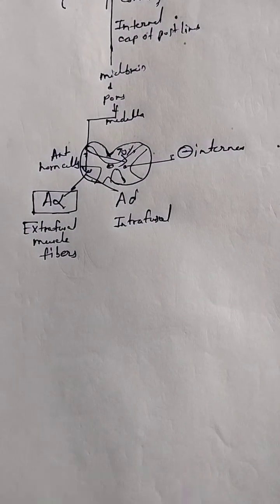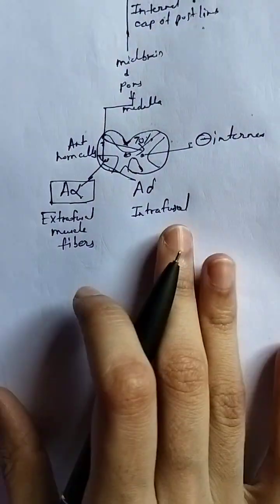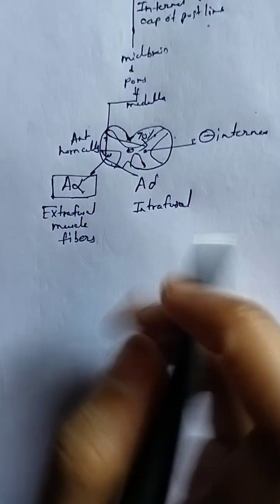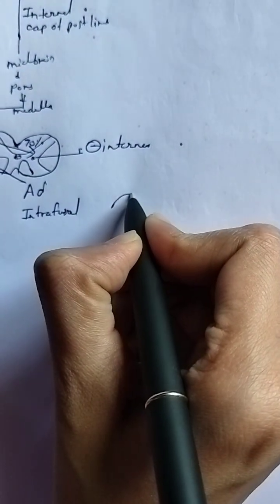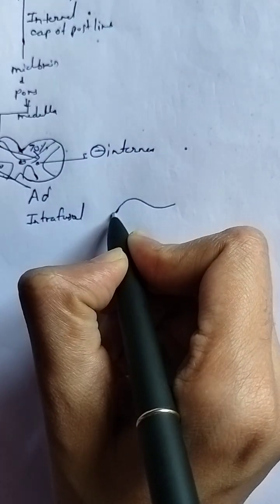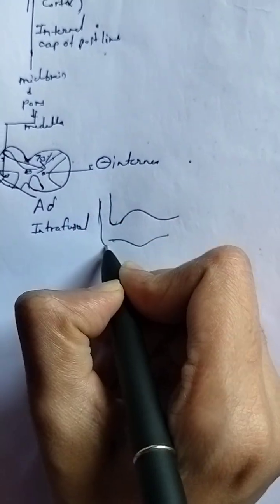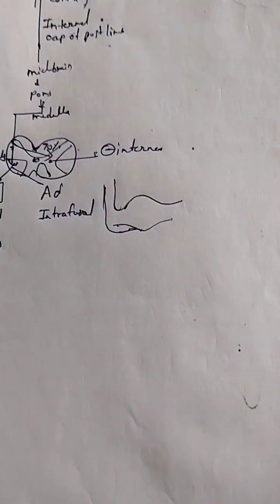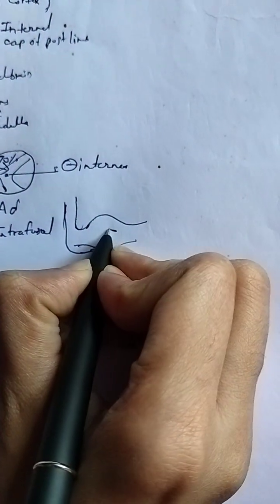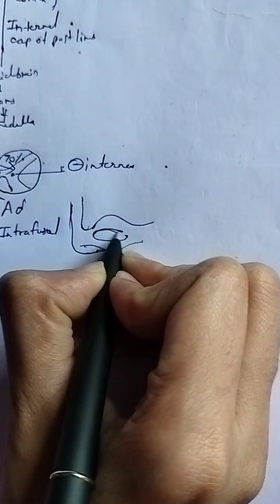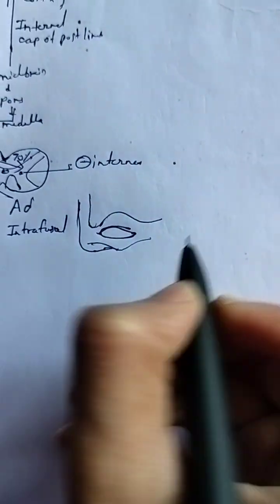So basically, what is the extrafusal muscle fiber and the intrafusal muscle fiber? Suppose this is our muscle. In this muscle there is a muscle spindle present.